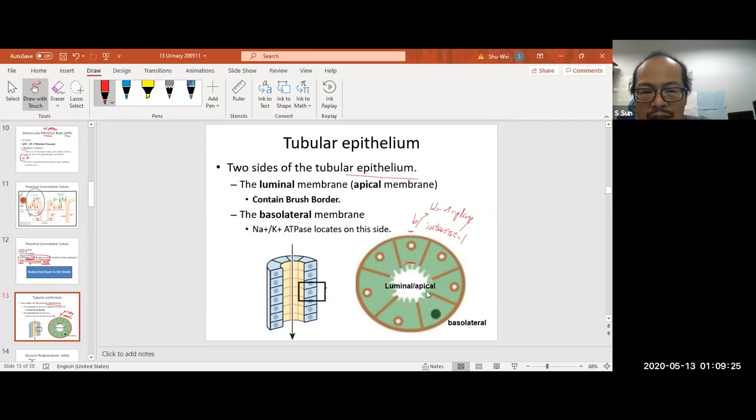And all the cells also have this sodium potassium pump. These pumps are all located in the basolateral side, because we don't want to regulate everything with the urine here. This is more like a selective process to conduct the reabsorption or the secretion. But the sodium potassium ATPase is all located on this side.